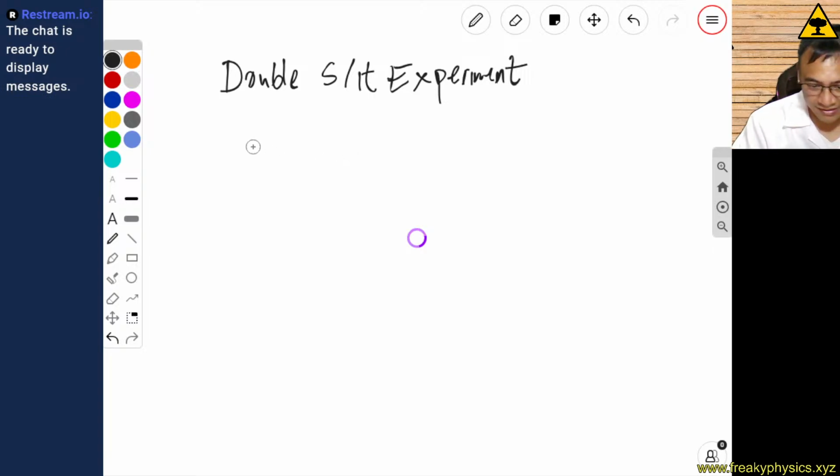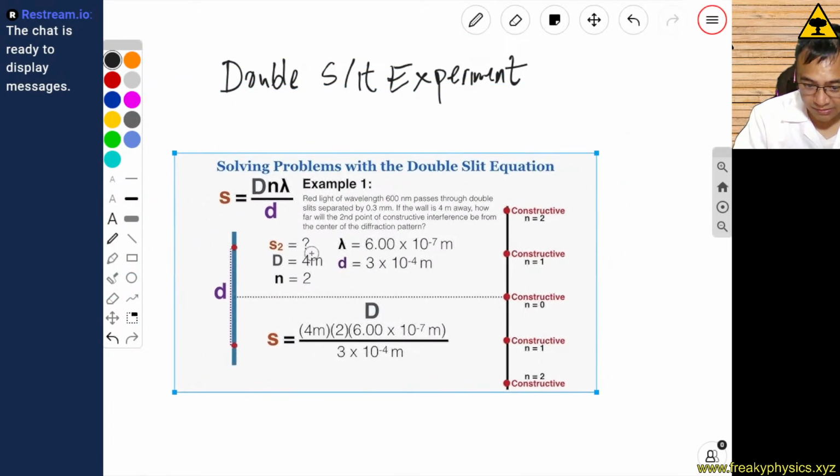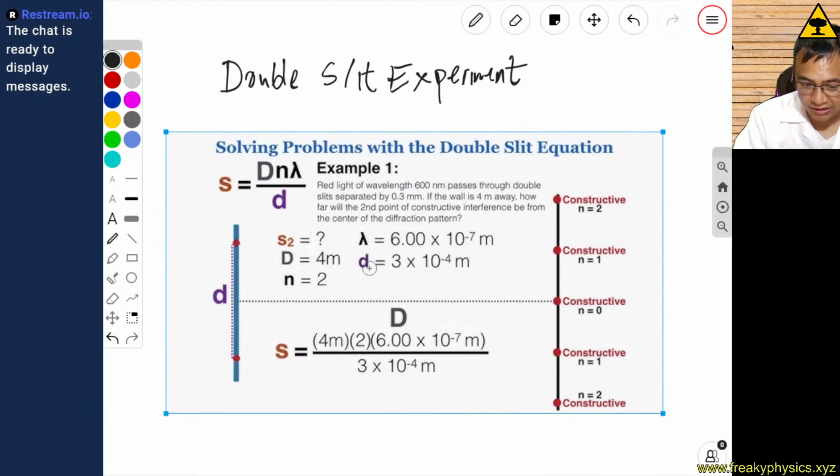So for the double slit experiment, let's take a look at how to further understand this. The idea here is for any two slits separated by a distance d.